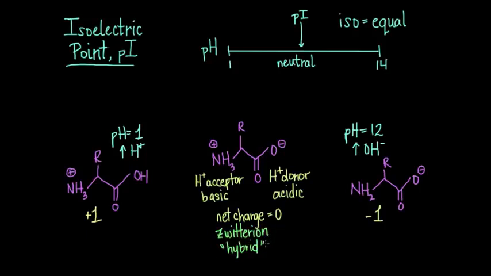And to find out the exact pH, we have to take the average of the pKa's of our two functional groups. And recall that the pKa is just the negative log of the acid dissociation constant. On average, and it varies between all the different amino acids, the amino group has a pKa of around 9. And on average, the pKa for the carboxylic acid group is right around 2.